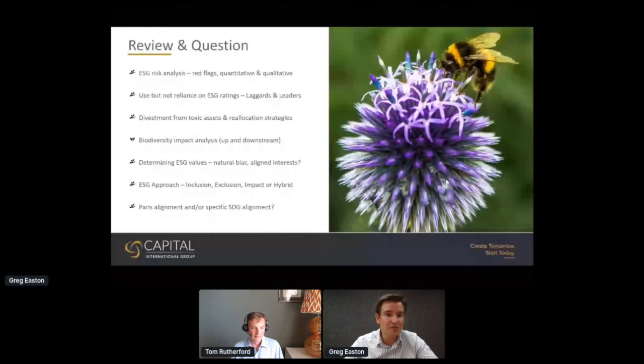So, Tom, the first two steps that we wanted to look at, and say you're starting out as a trustee, you have a client portfolio, and perhaps it comes up in conversation that it might not be a bad idea to consider or start to become more ESG aware. Tom, where would you be starting in terms of conducting an analysis of an existing portfolio?